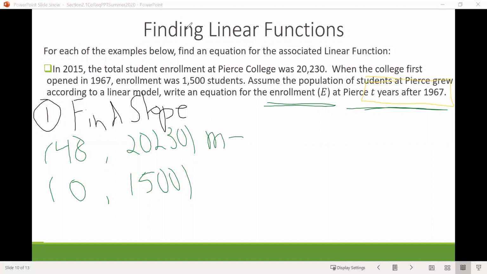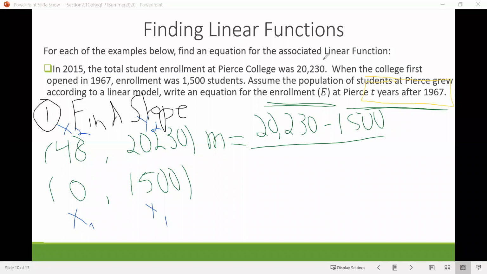So m equals the difference in our outputs. I'm going to call the 20,230 my y2, which means 1,500 is my y1, which means 48 is my x2 and 0 is my x1. So my slope calculation will look like 20,230 minus 1,500, divided by 48 minus 0.